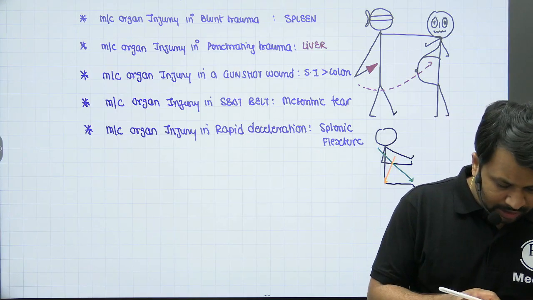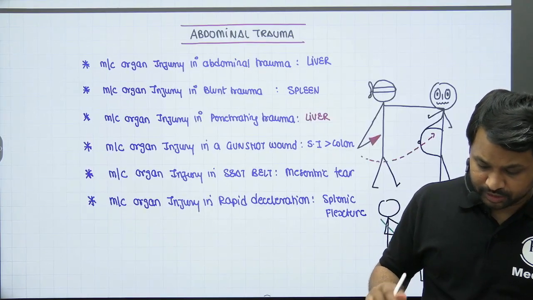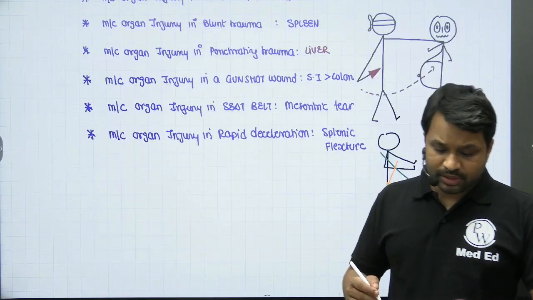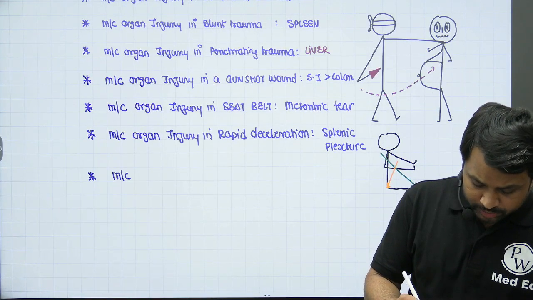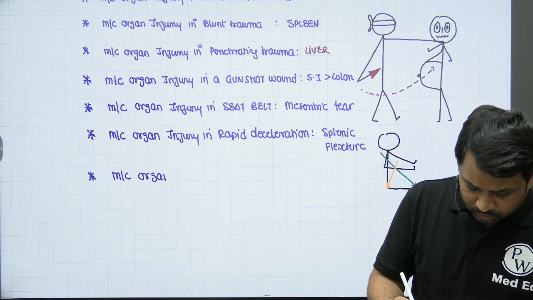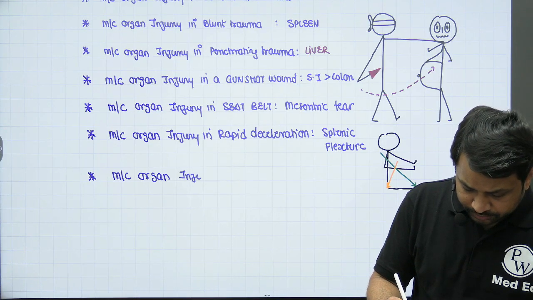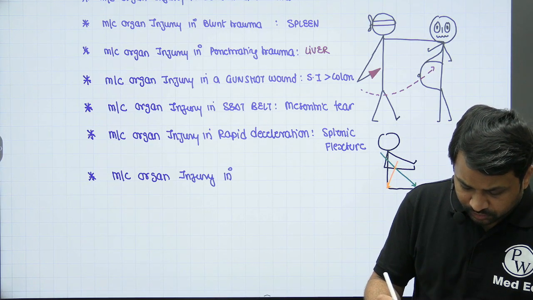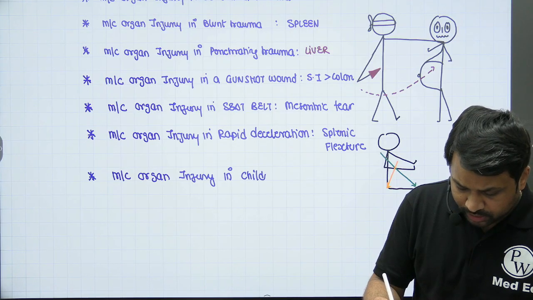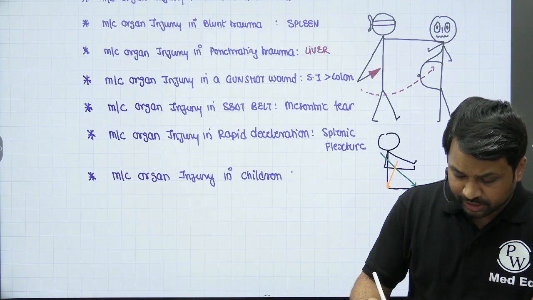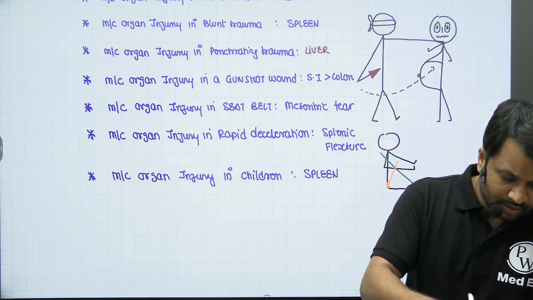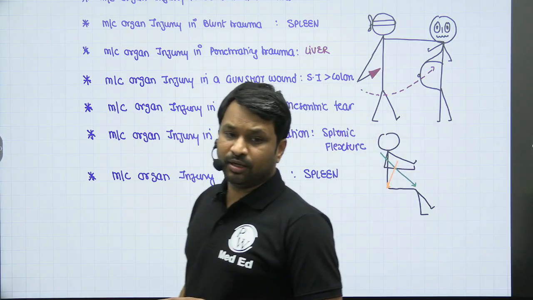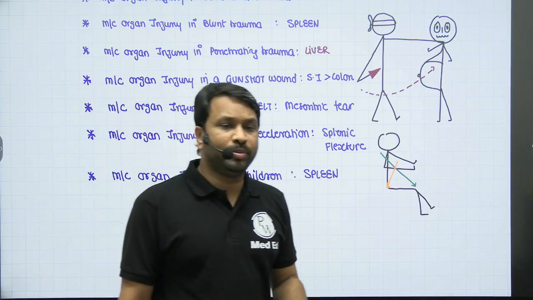If they ask you what is the overall most common organ injury in children, I'm not saying blunt trauma or penetrating, the answer is going to be spleen. In children, the spleen is more likely to be affected.